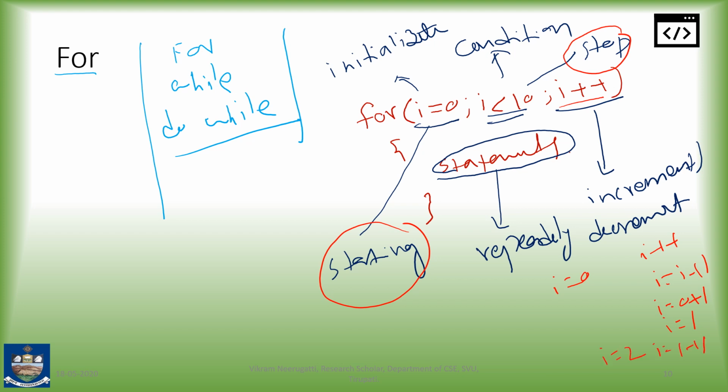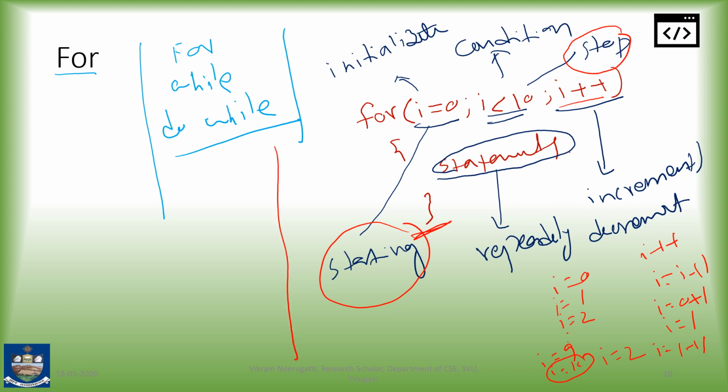It continues up to i equal to 9. When i equal to 10, it will stop and come out of the loop. This is the first statement. We need to use these three things.